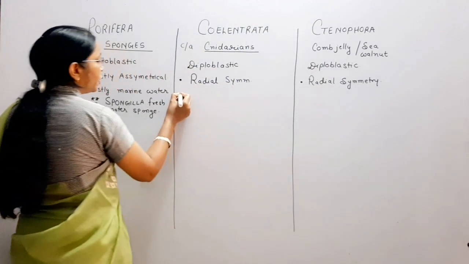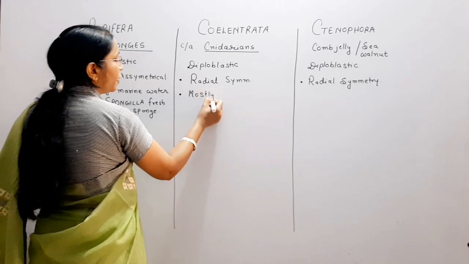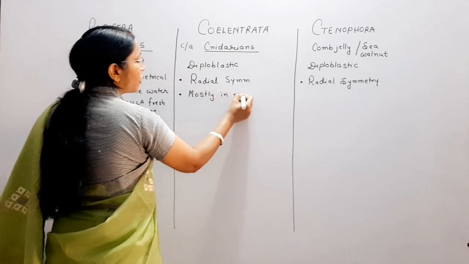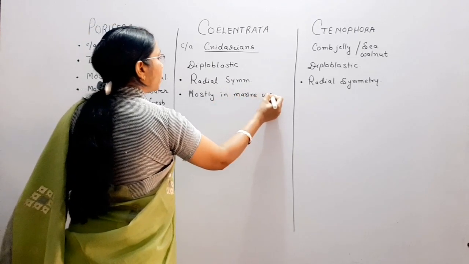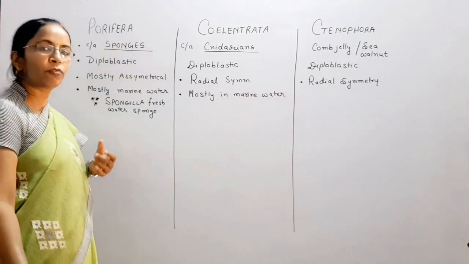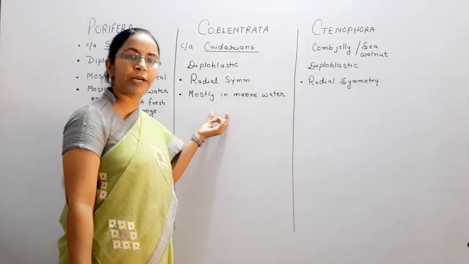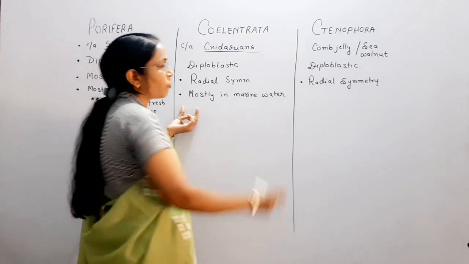Similarly, coelenterates are also mostly present in marine water, but Hydra commonly appears. Hydra is basically present in fresh water. So one of the most common coelenterates, Hydra, shows the habitat of fresh water.